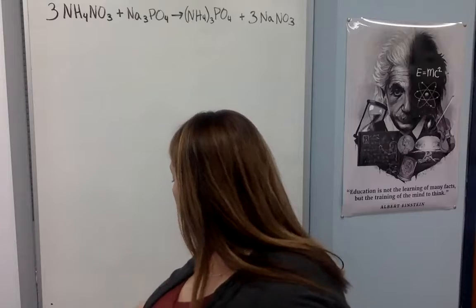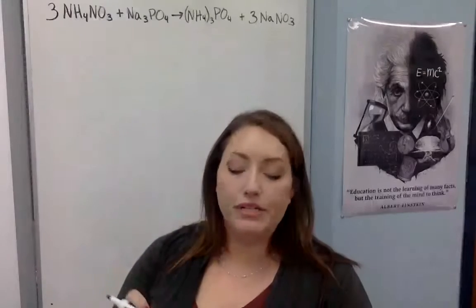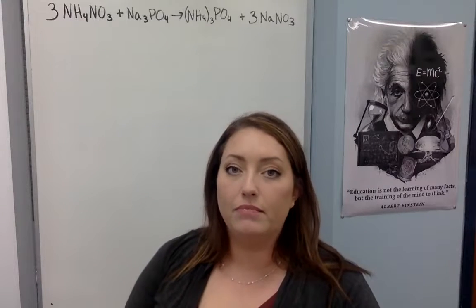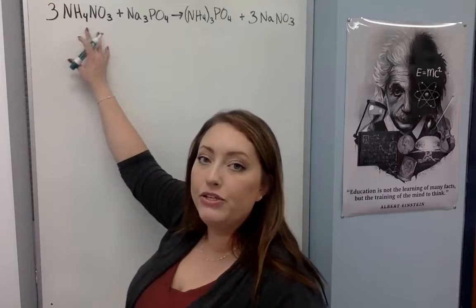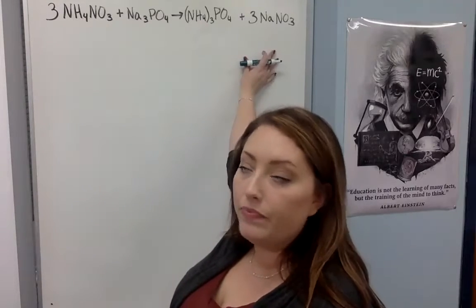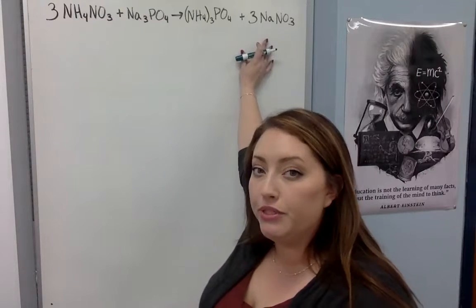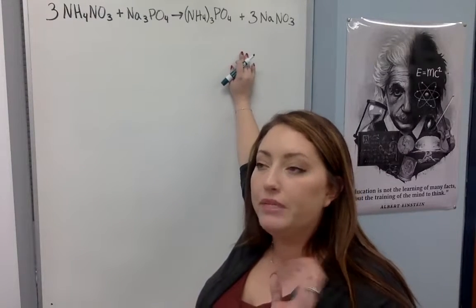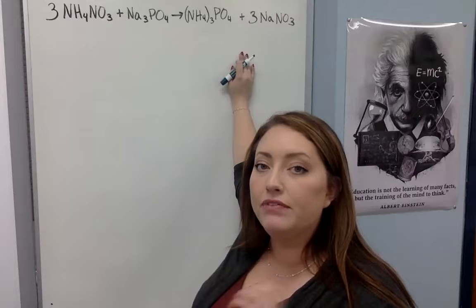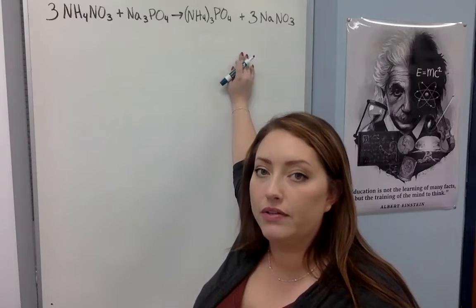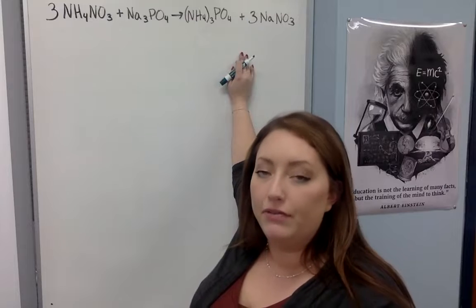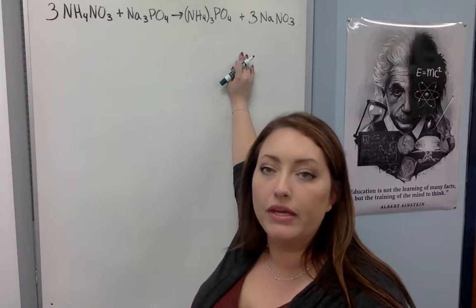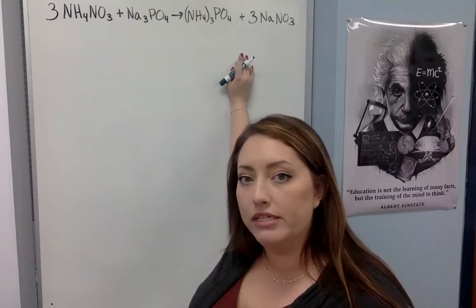So what we're going to do is take the mass that's given of the reactant and convert it into one of the products. Which product you choose to convert these into doesn't matter, but you have to convert them both into the same product so that you can compare to see how much could be produced if you had that amount to start with. I think that'll make a little more sense after we do an example.